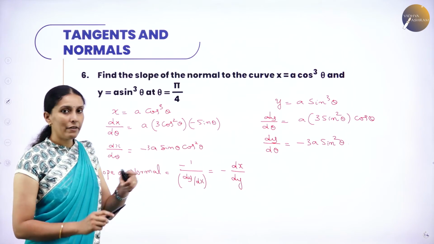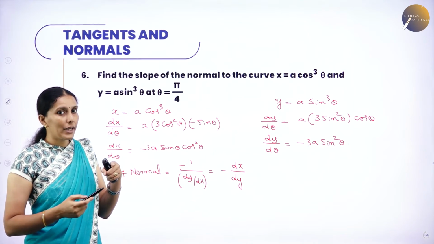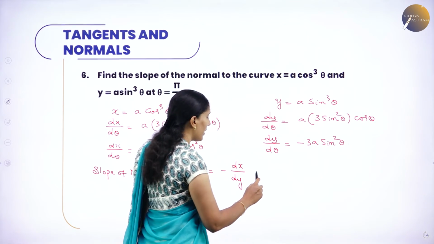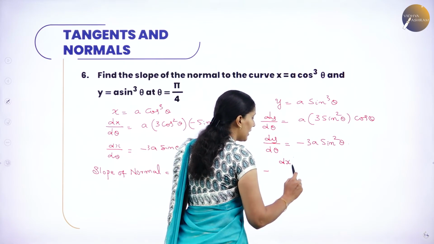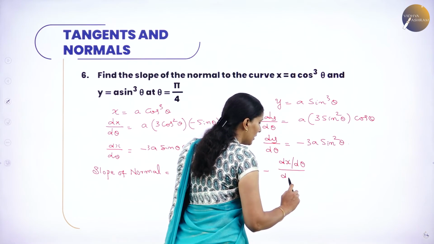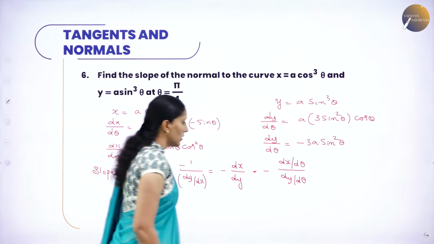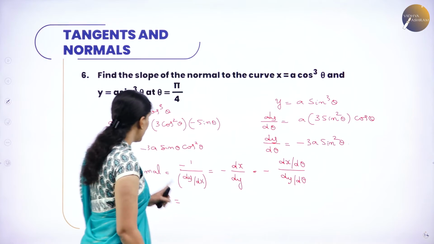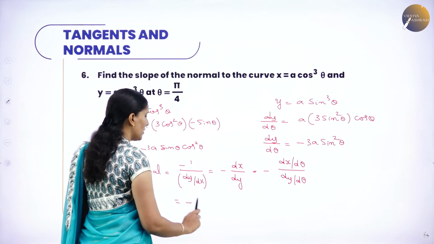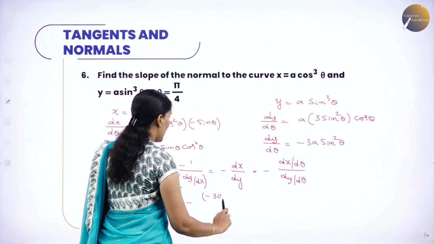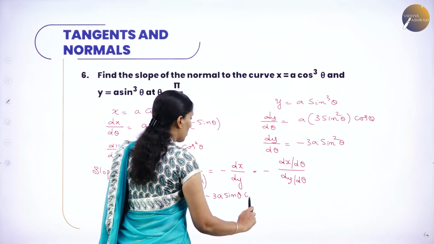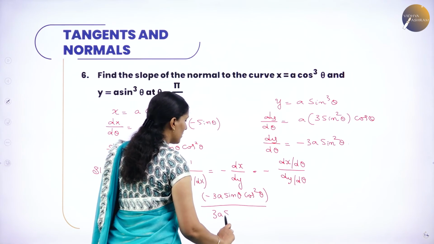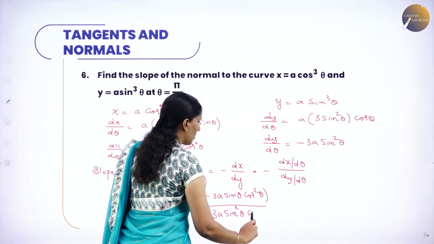How can we get dx by dy? If you want dy by dx, you would have taken dy by d theta over dx by d theta. Similarly, dx by dy can be taken as dx by d theta divided by dy by d theta. So therefore, apply here. What is dx by d theta? It is minus 3a sin theta cos square theta, and here we have 3a sin square theta cos theta.